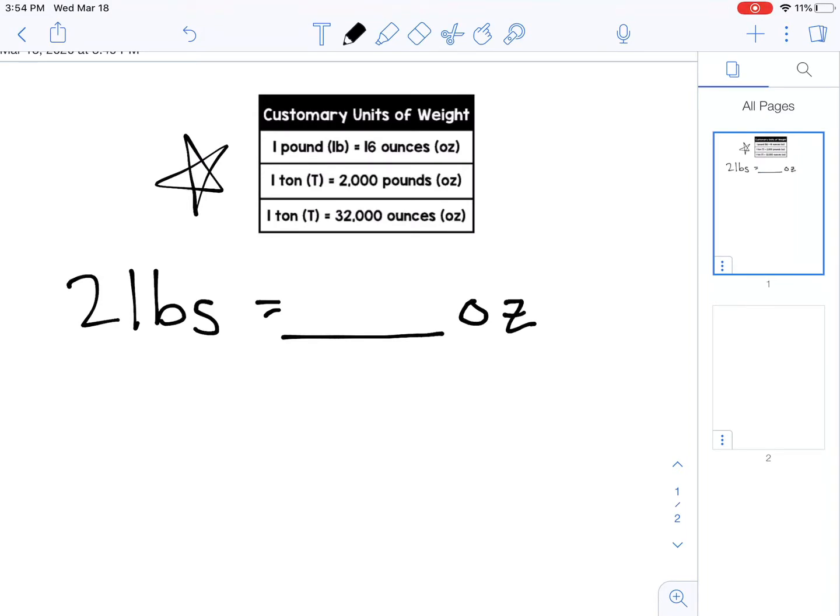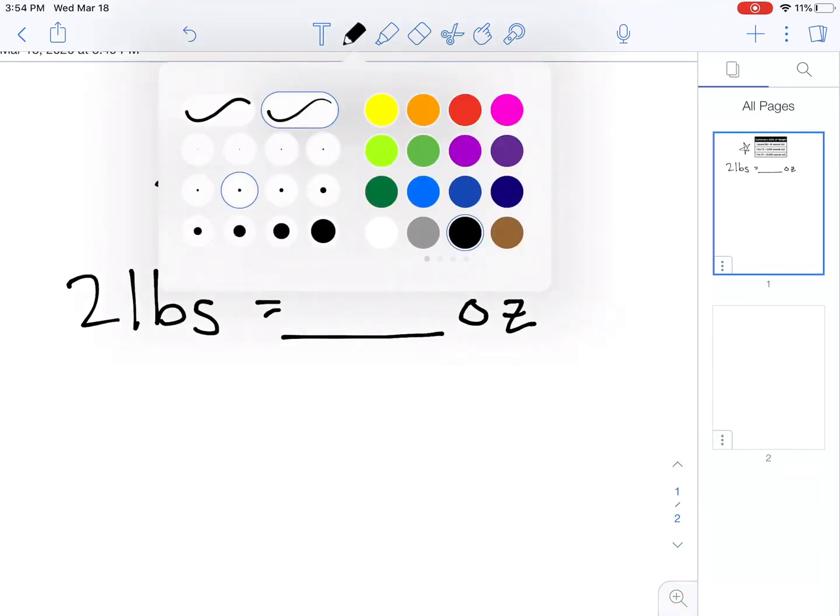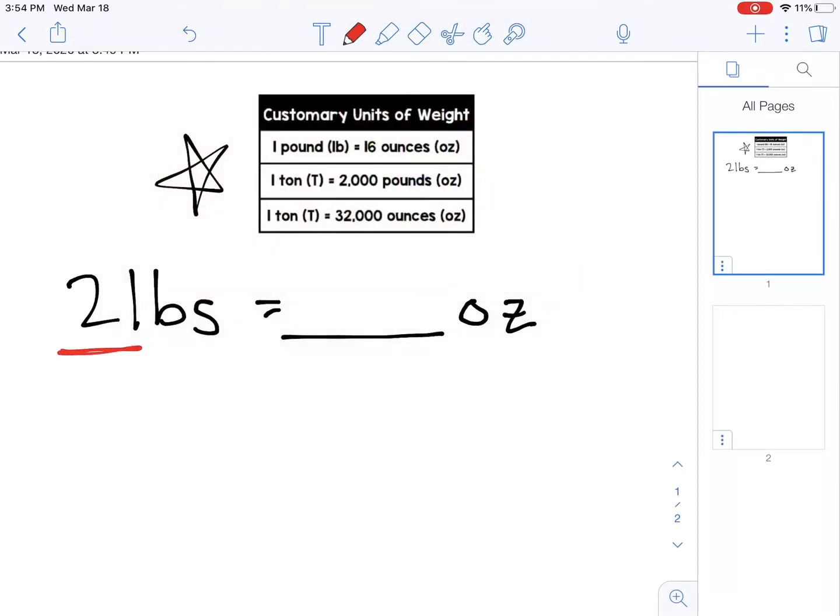First thing I want you to ask yourself, if I'm looking at my conversion chart, would it make sense that my answer, however many ounces, would be greater than the number I start out with pounds or less than the number that I start out with pounds? Well, we know that there are 16 ounces in 1 pound, so if there are 2 pounds, we know that this answer has to be a lot bigger than that.